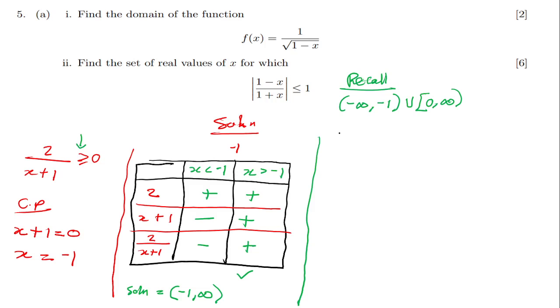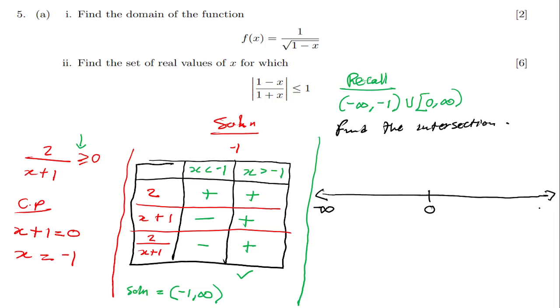When you are looking for the intersection, you can use the number line. So you're going to visit your number line now. 0 will be there, negative infinity there, positive infinity there. Once you do that, what you are going to indicate is for this one first. So negative 1 is open and going toward negative infinity.